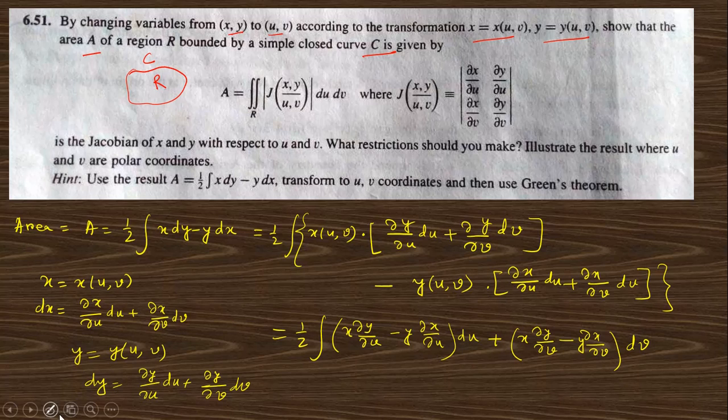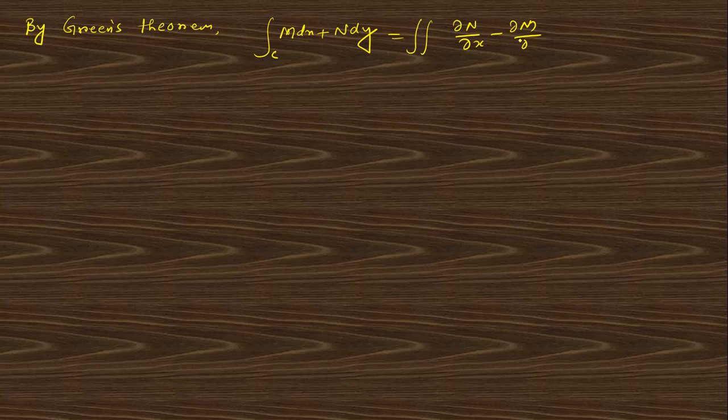Okay, so by Green's theorem, the integration of m dx plus n dy can be written as the surface integral of del n del x minus del m del y into dx dy.